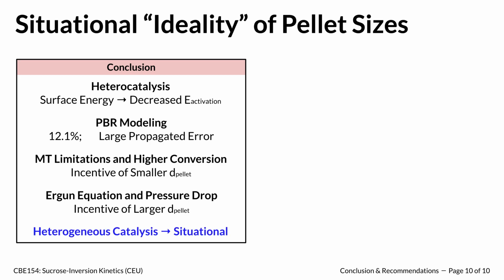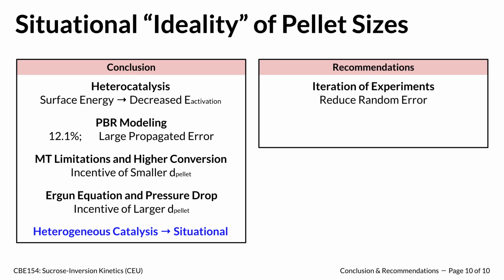Hence, we conclude that an ideal catalyst design is very situational. To holistically improve our experiment's accuracy, one can replicate our experiment and minimize random error in our empirically discovered values. Also, a more rigorous model can be acquired by eliminating the assumptions we made about the system.